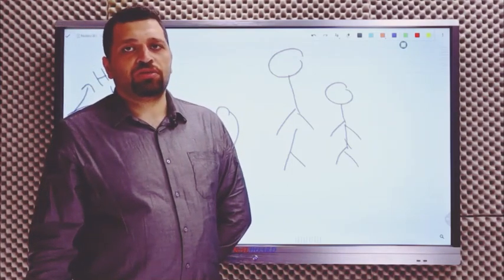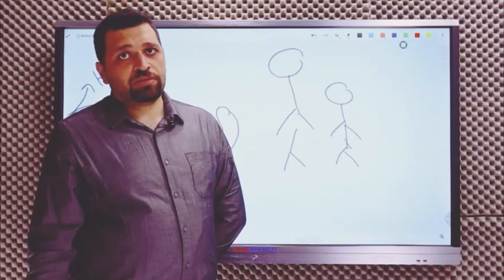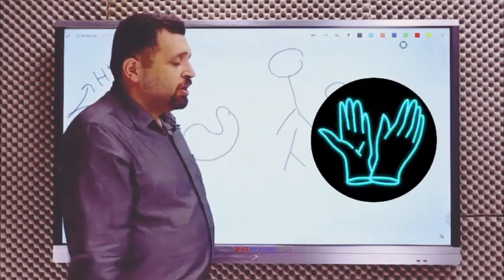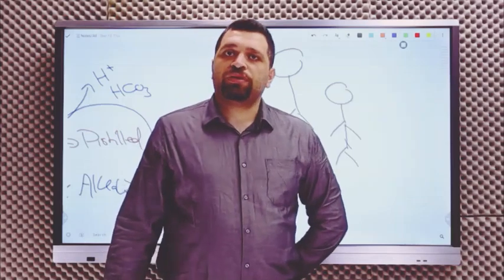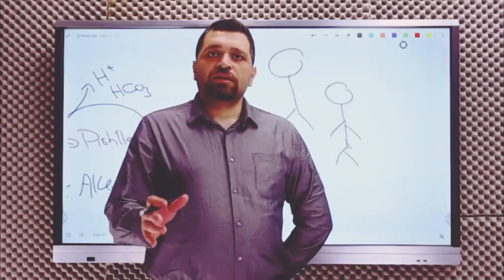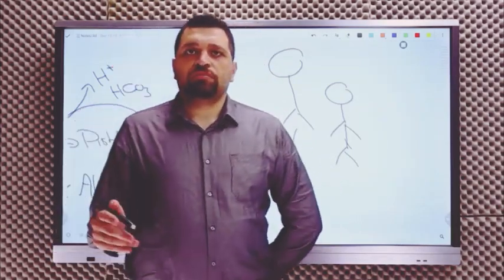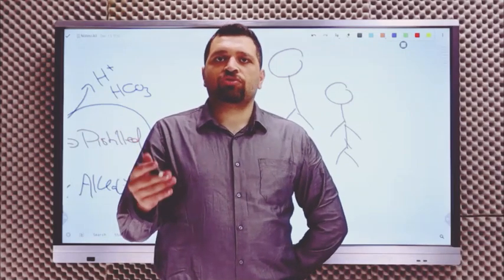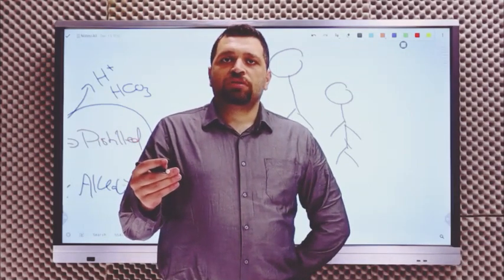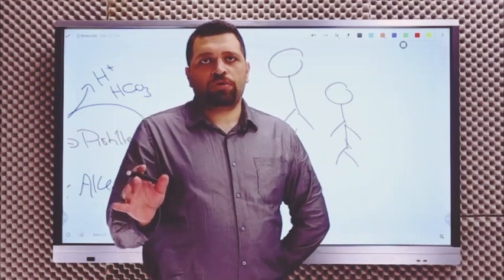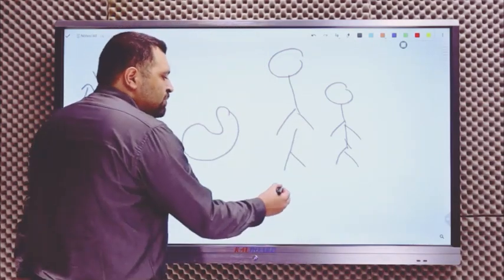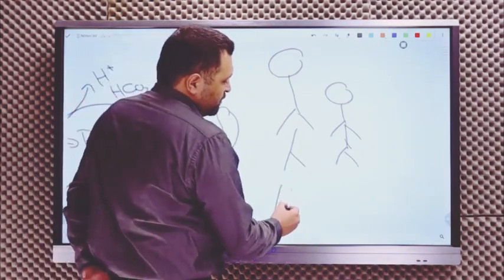I think you say no, and that's correct. But how can we know how much to give each one of them? We can't study each human being alone, because we anesthetize or treat millions of people in the world. So we depend on the weight of the patient.